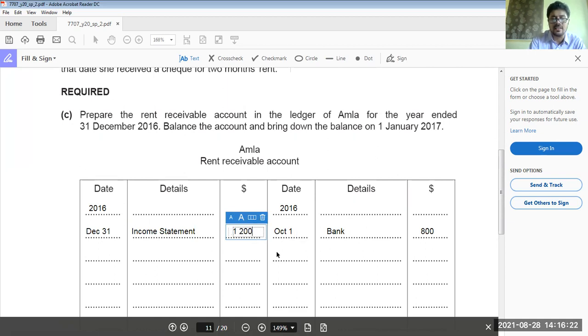And here on December 31st, balance CD must be 400. So the total of both sides must be the same, 1,200. Done.